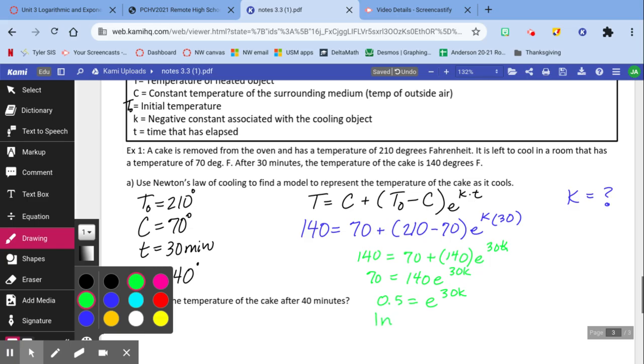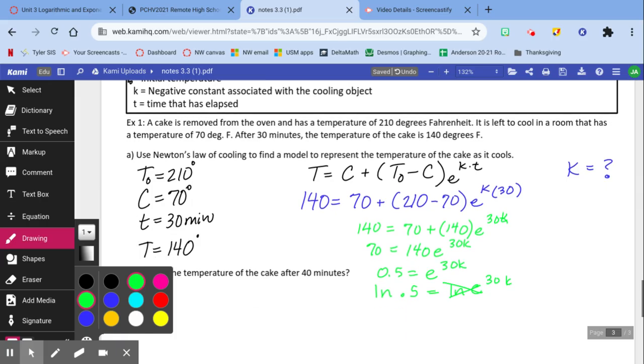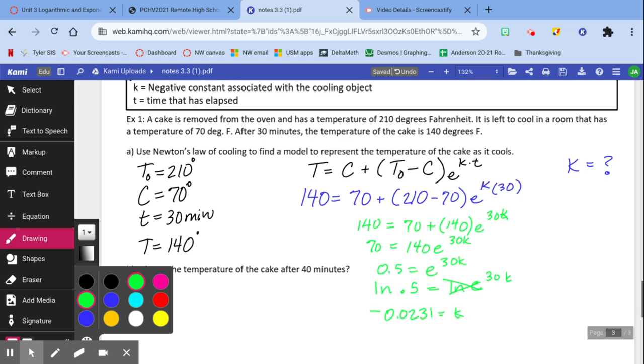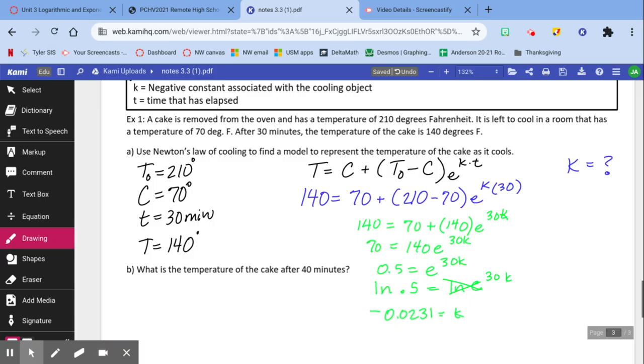So I'm going to have ln of 0.5 equals ln of e to the 30K. And what's going to happen is those are going to cancel out, and I can divide by 30. And I'm going to get K, which is negative 0.0231. And a couple things that you need to know is that K is usually going to be a negative number when you're solving for that.